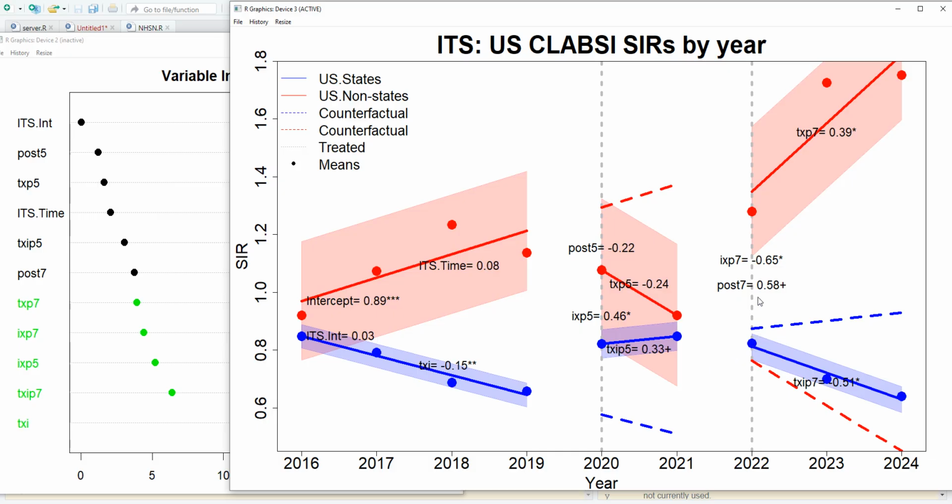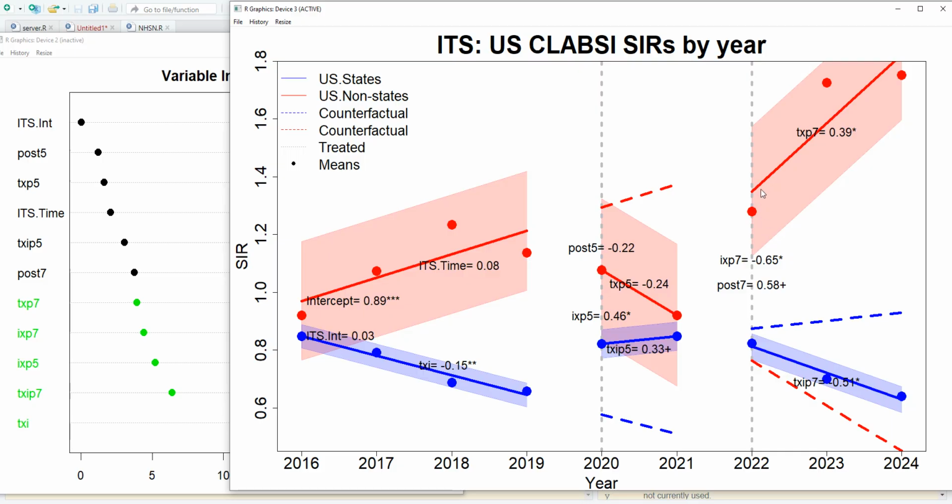And then where it wound up for that solid red line up top is probably about, I want to say about 1.3.